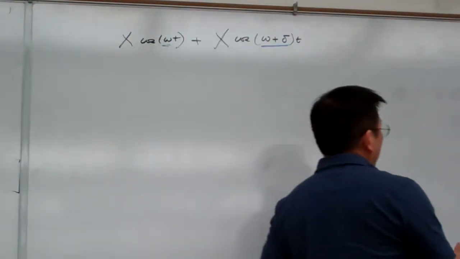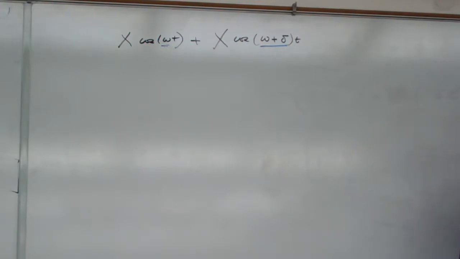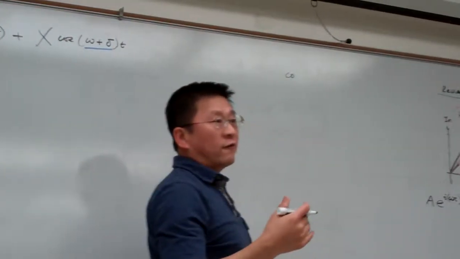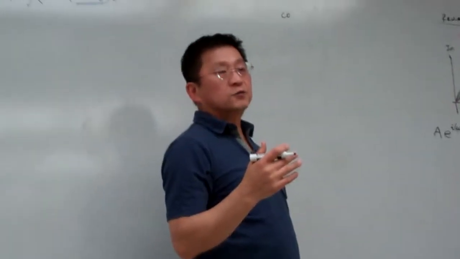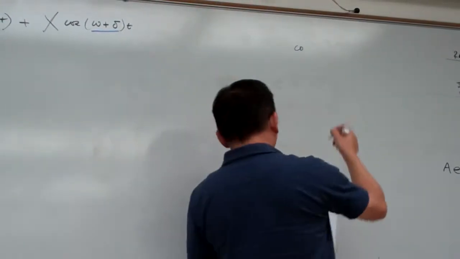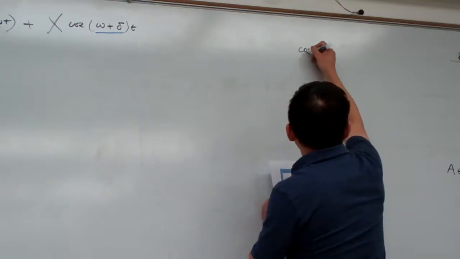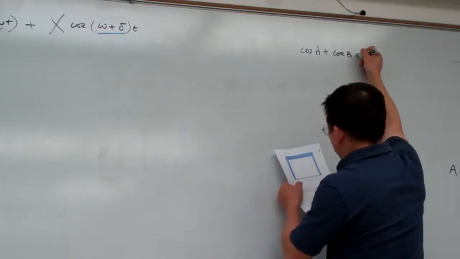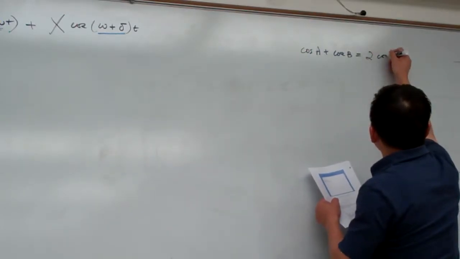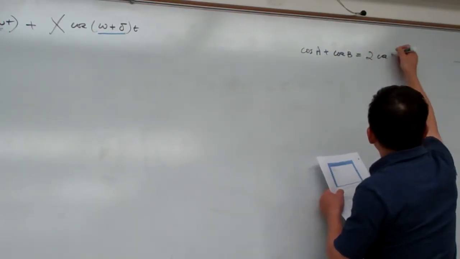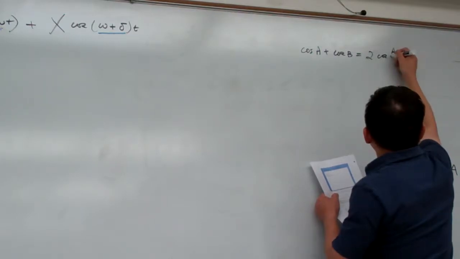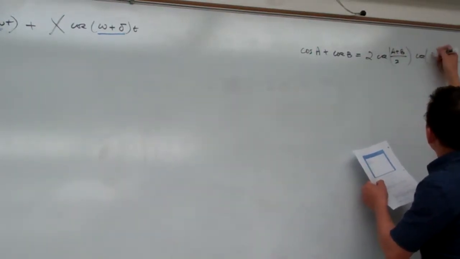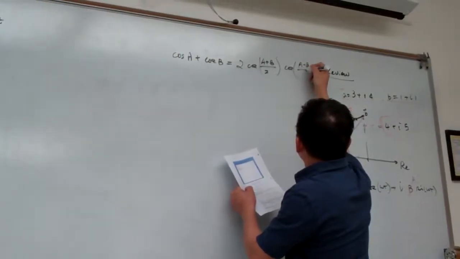Back to the slide from earlier, on that single slide I provided you 5 or 6 trigonometry formulas, and one of them is here. Let me write it up here. Cosine A plus cosine B equals 2 times cosine of (A plus B) divided by 2 times cosine of (A minus B) divided by 2.